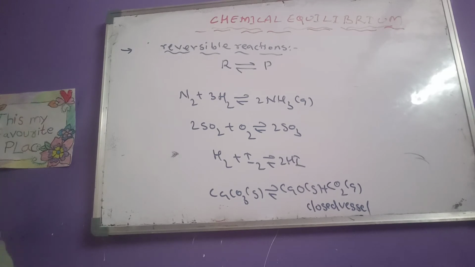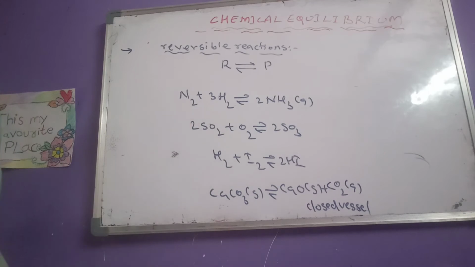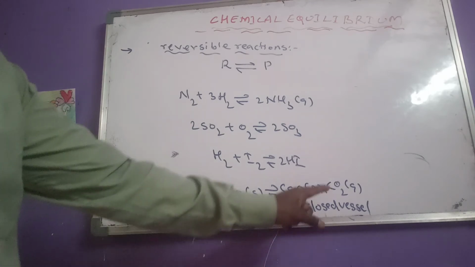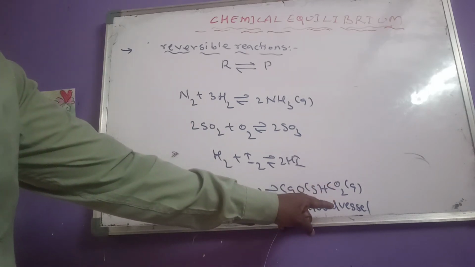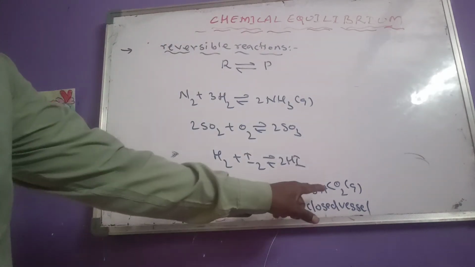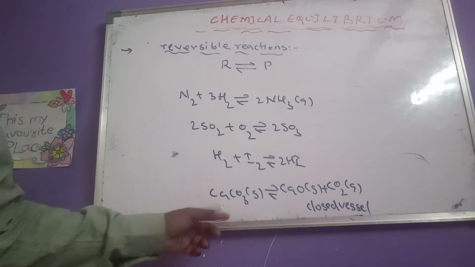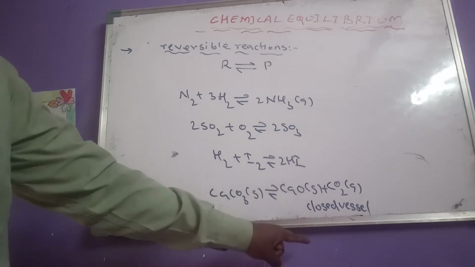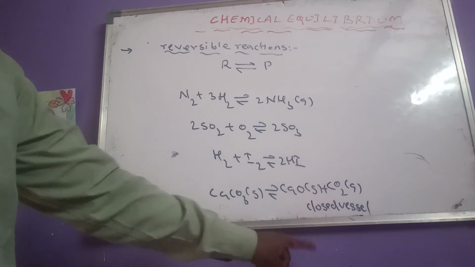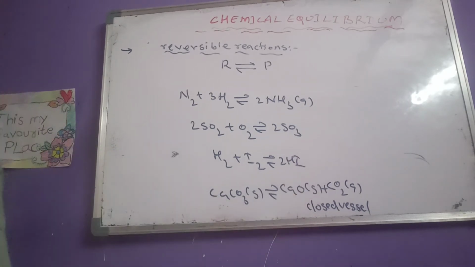Because if the reaction is carried out in an open vessel, the CO2 present in gaseous state escapes from the vessel. Therefore, we can't expect the backward reaction. So the mandatory condition for this reaction is that a closed vessel should be used.